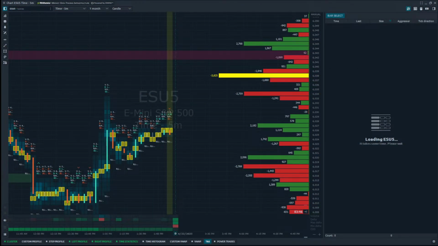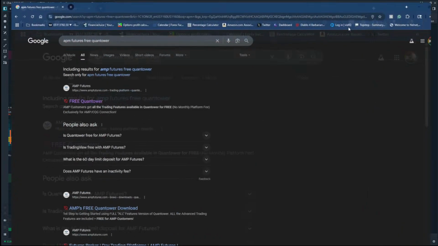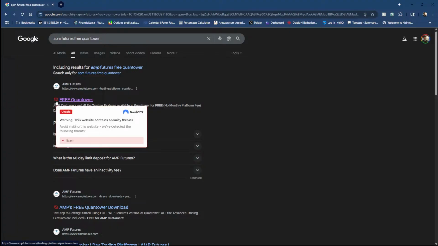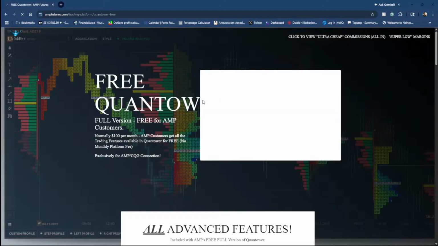If you're not wanting to use a prop firm and you want to use your own money, then there's something very specific you have to search for: AMP Futures Free Quantower. If you go to Google and type in AMP Futures Free Quantower, the first link that comes up, my spam filter marks this as a spam website, but it's not.